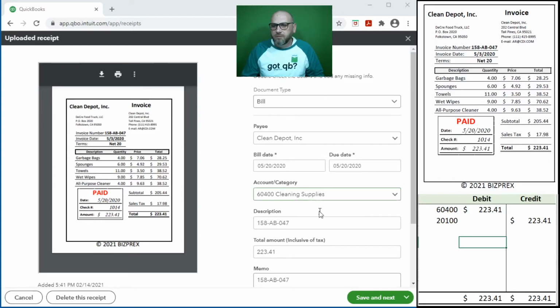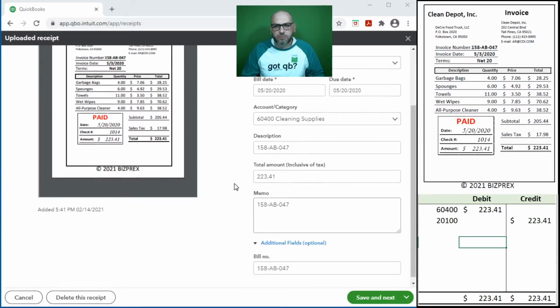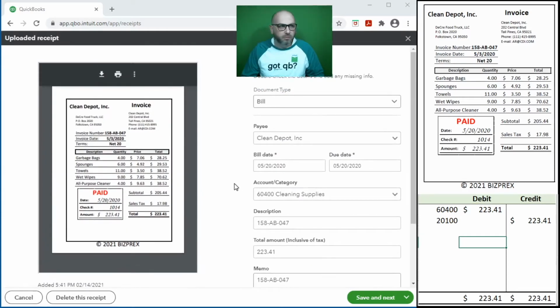This amount right here is a debit to account 6,400, and it is a credit to account 2,100, which is accounts payable. Again, it's not showing up on this interface. Not a big deal. As long as we know that it's there, as long as we know that it's being affected, that's all that matters.